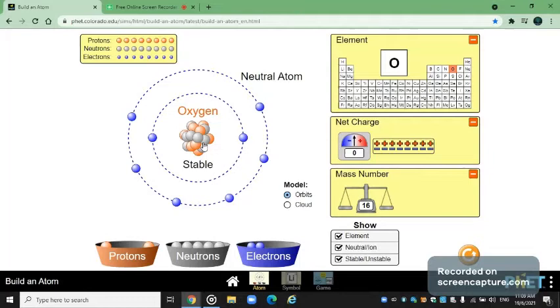Lithium. There it is. Lithium has a relative mass, a nuclear number of 7. That means there'll be 7 protons and 7 electrons. Okay, let me restart this.